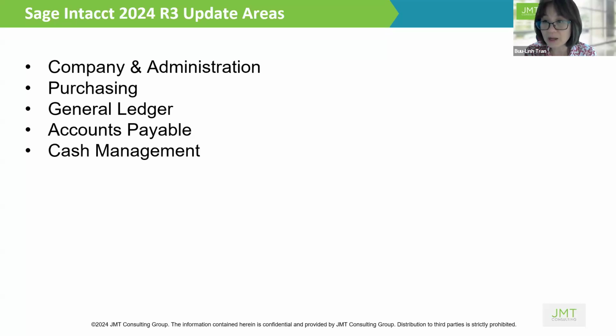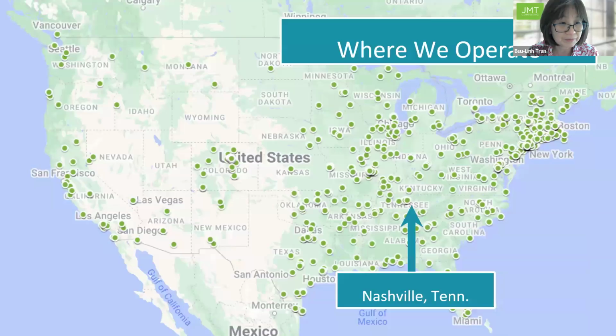So what we have done is we have gone through the new features, and we have selected some of the key new features that we want to talk about in today's presentation. So these new features do go across multiple modules. These modules are listed here, whether it's company level, company and administration, whether it's purchasing. There's going to be some that pertains to general ledger, accounts payable, cash management, and also accounts receivable as well. So next slide, please.